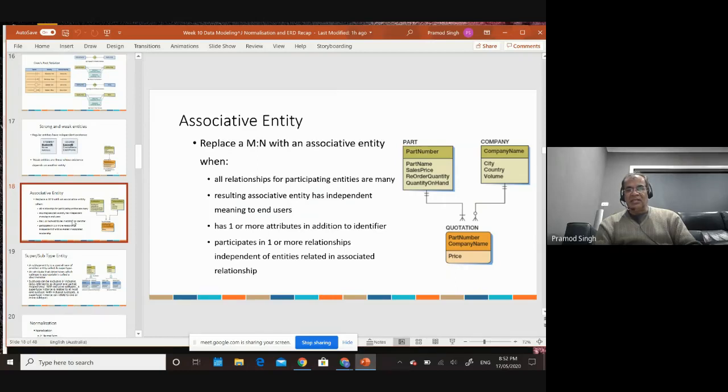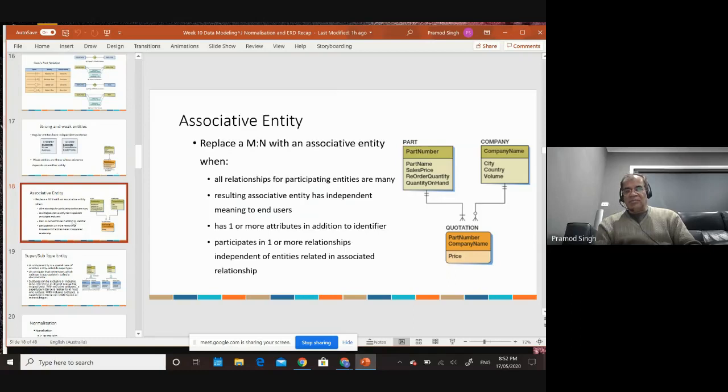That entity contains the primary key of both entities which have an association with each other. For example, part and company both are strong entities, and they have an association with each other. To associate them, an associative entity, quotation, is created, and the quotation gets the primary key of part and the primary key of company as part of the primary key of quotation.